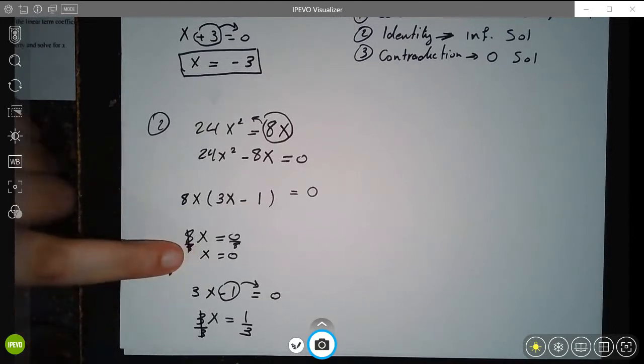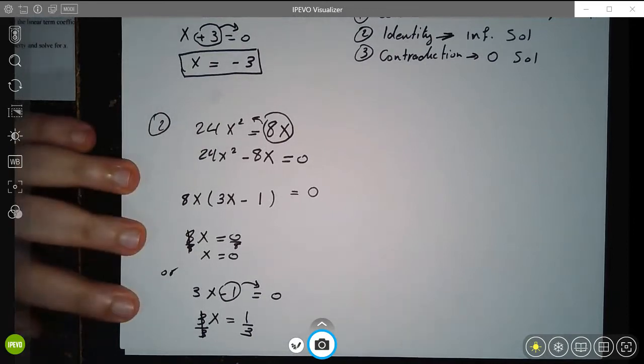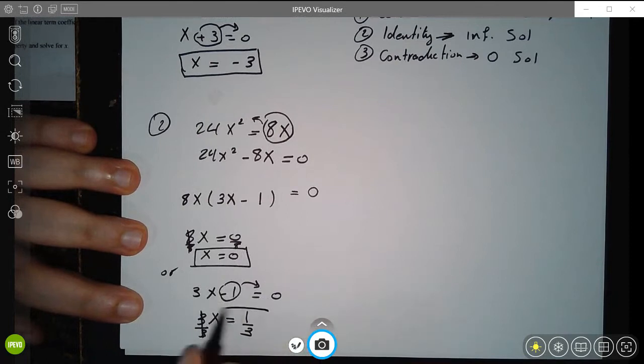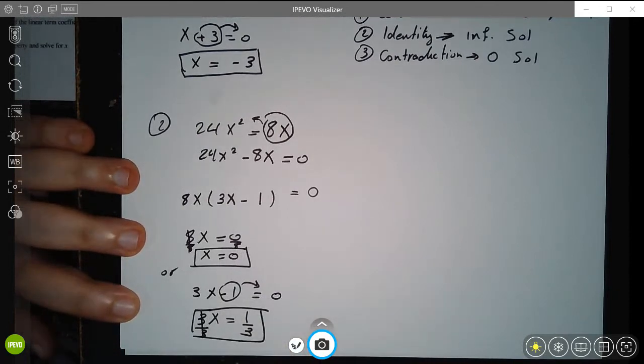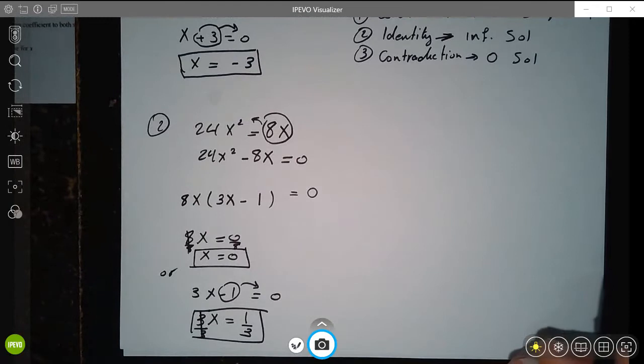Since one of them turned out to be 0, does that mean I only have 1/3 as an answer? No. 0 is a valid number, and it is a valid solution. So the solutions for this equation are x equals 0 and x equals 1/3. Okay? Those are your two solutions. Any questions so far?